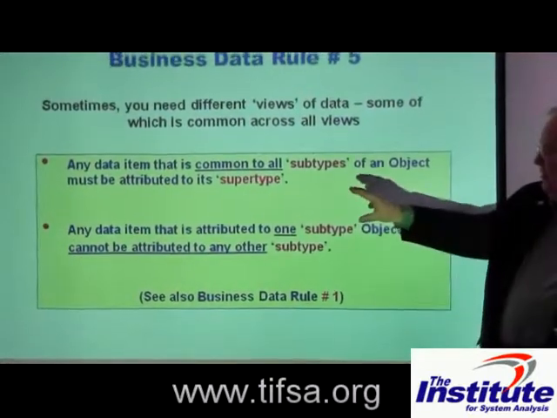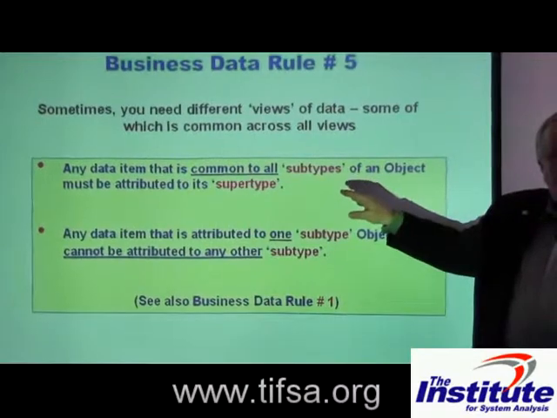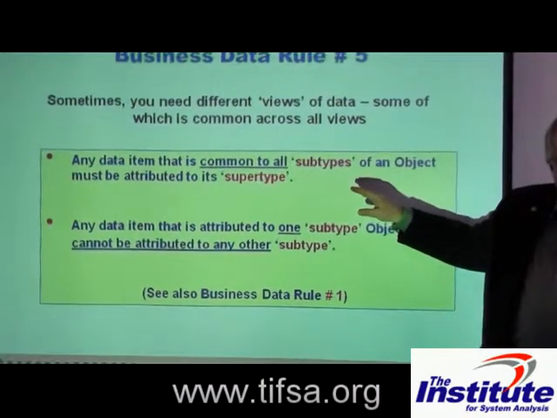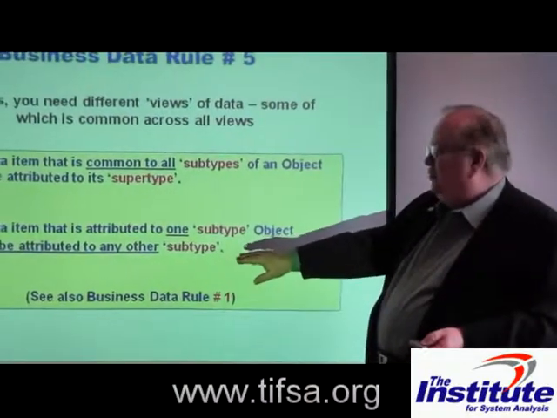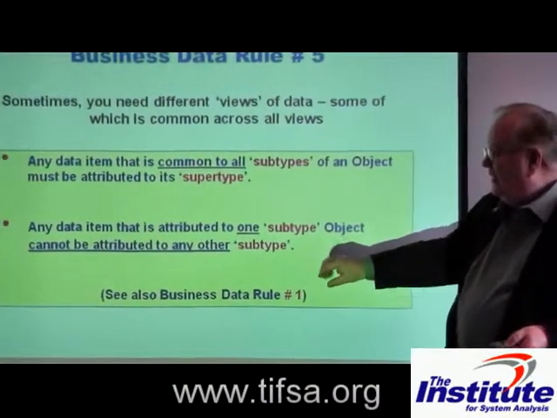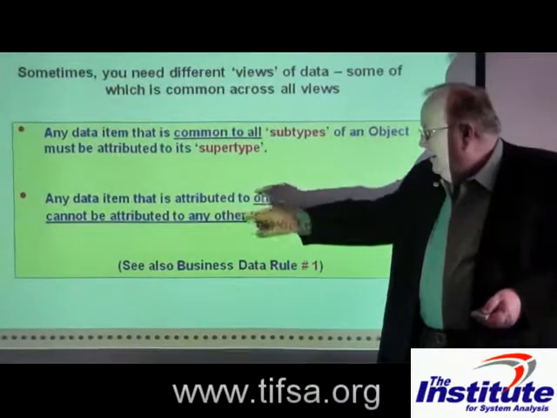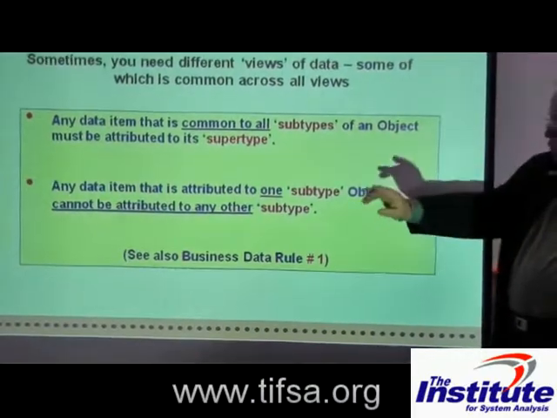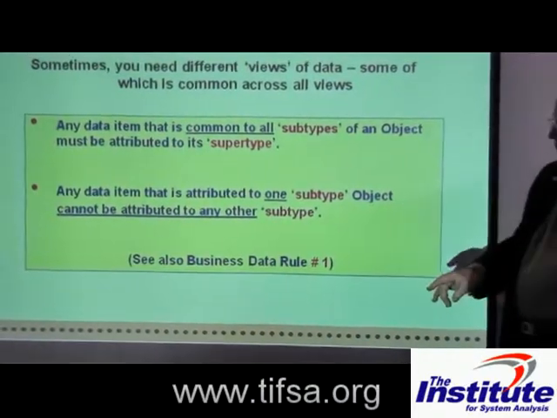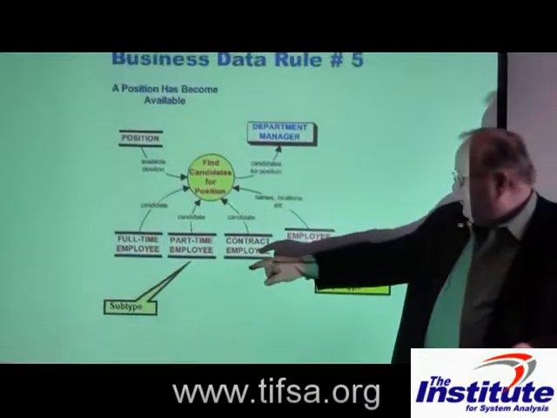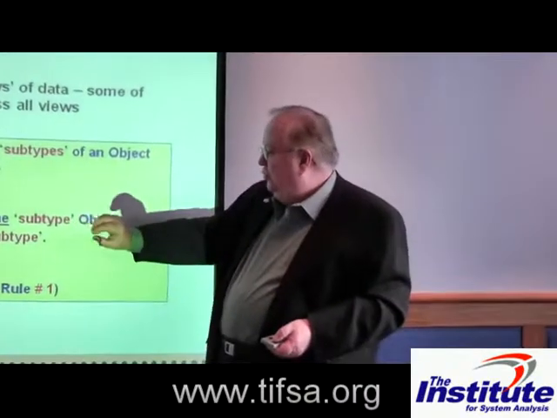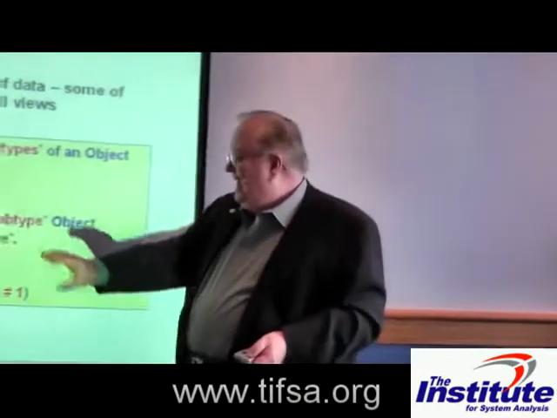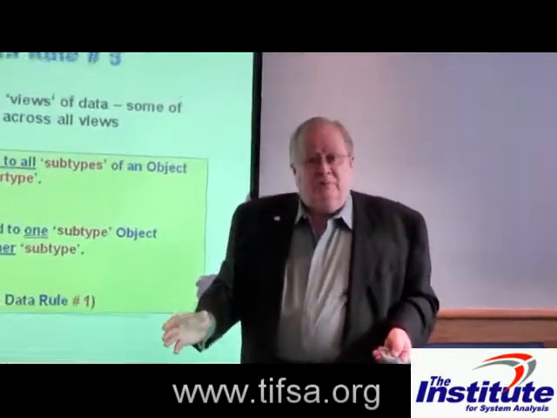Attribute the data item to one object, and only one object, the one it describes best, and to no other object. Here we have the second part of this rule, the flip side of it, if you like, and it says that any data item that is attributed to one of the subtypes, so to contract employee, for example, can't be attributed to any other subtype.